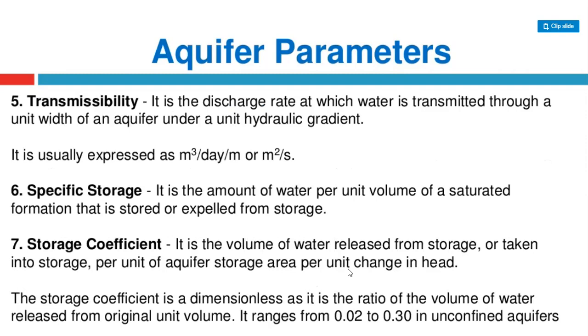It is the amount of water per unit volume of a saturated formation that is stored or expelled from storage. Storage coefficient. It is the volume of water released from storage or taken into storage per unit of aquifer storage area per unit change in head.